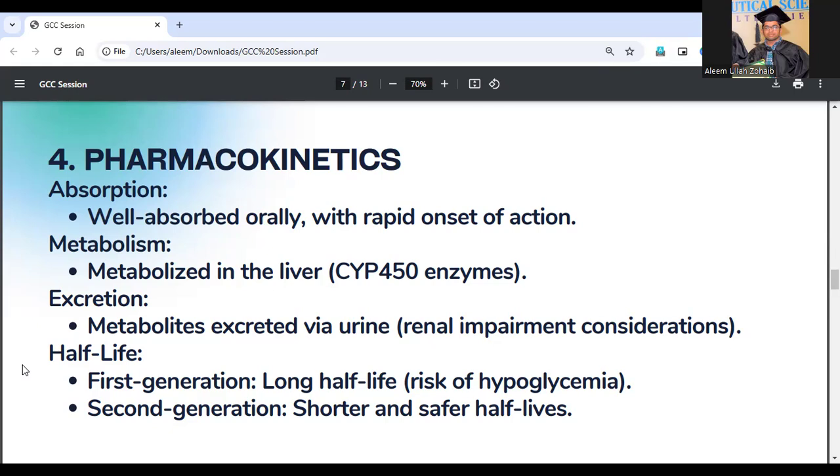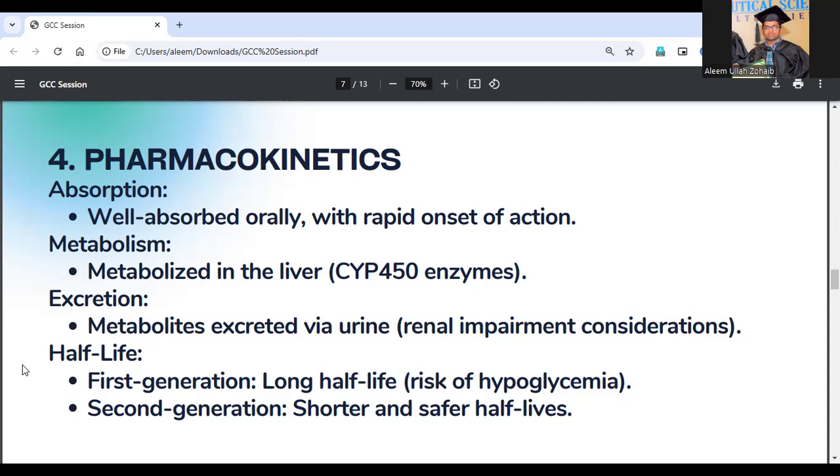If the P450 enzymes are induced, they metabolize faster, the drug is eliminated faster and the effect will be low. When the cytochrome P450 system enzyme is inhibited, it metabolizes slowly.